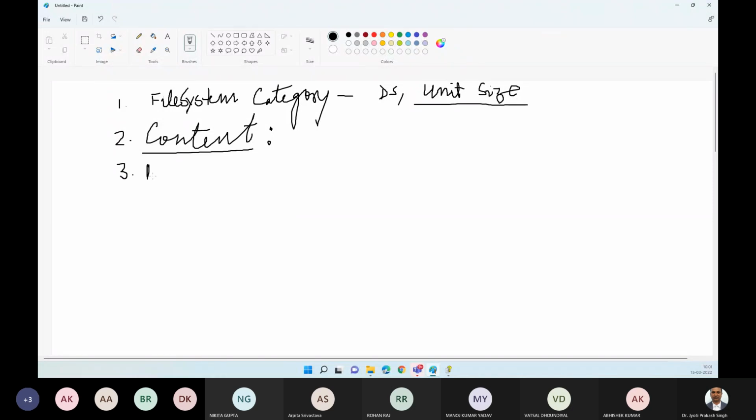The third one is metadata. Metadata tells us what other information this file is storing, like when this file was created, when it was last accessed, when it was last modified, who is the owner of this particular file, and so on.